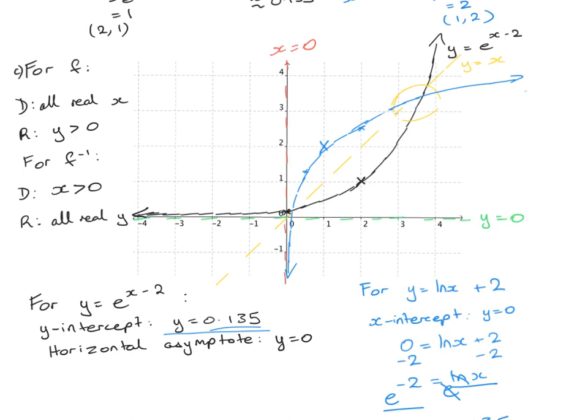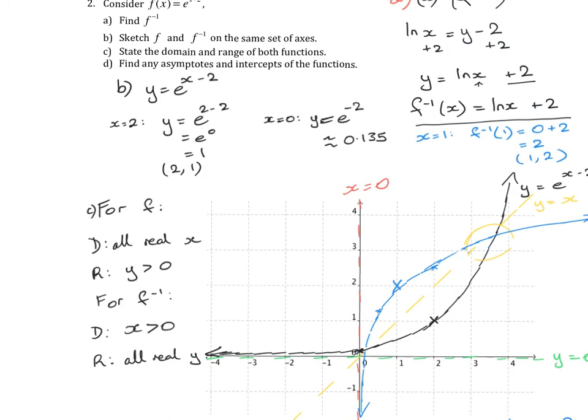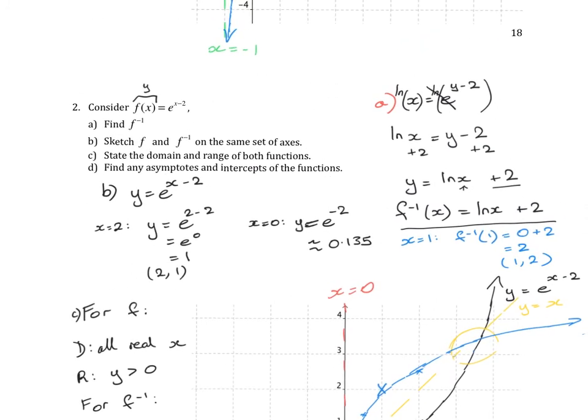And that's it. Now, before you start working on exercise 4G, I would like you to actually do B and D using your calculator. So, I'd like you to open a graphs page on your calculator. Make sure you can sketch both the functions f(x) equals e to the x minus 2 and the inverse function ln x plus 2. So make sure you're able to put them into your calculator and graph them.